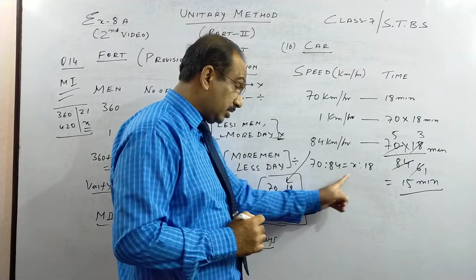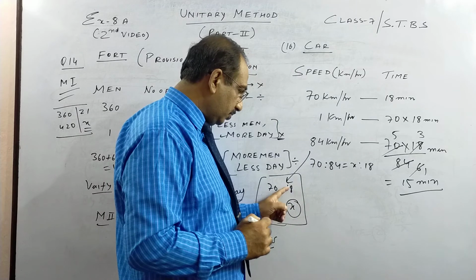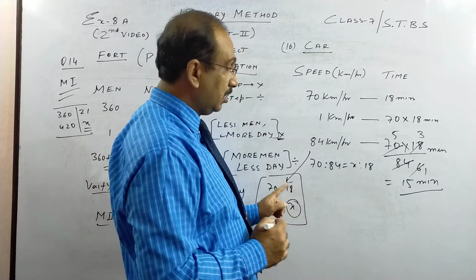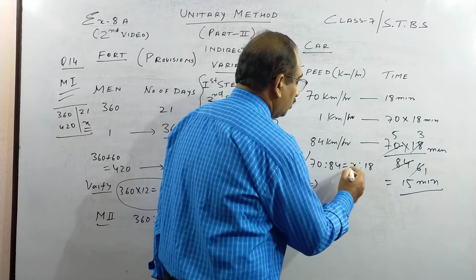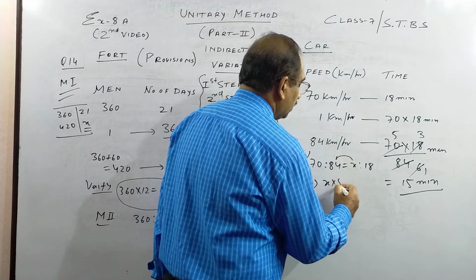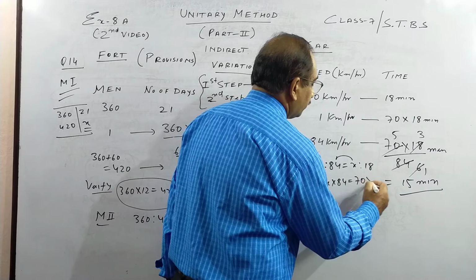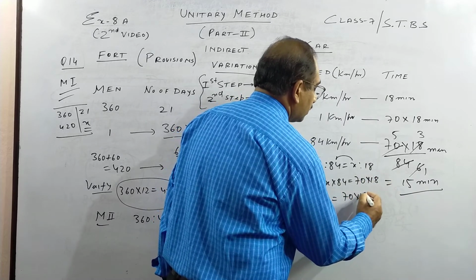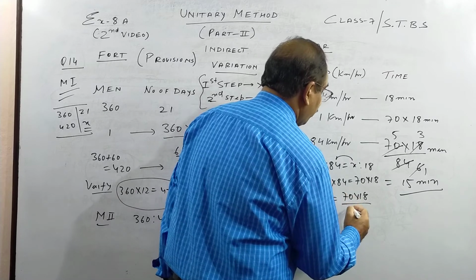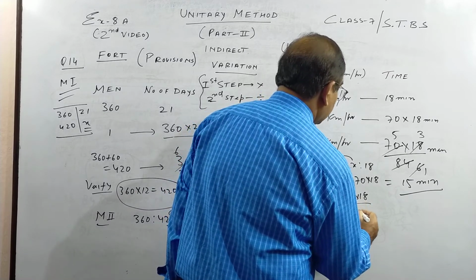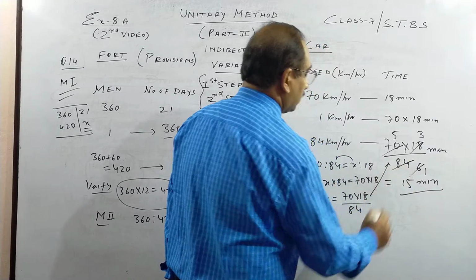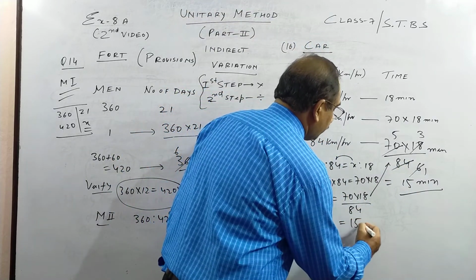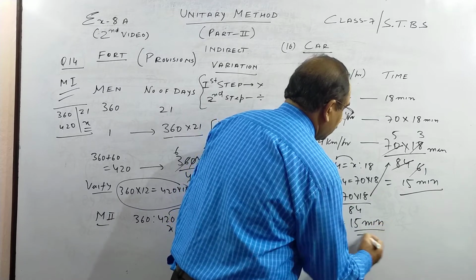Here we inverse. In direct variation, this is to this, this is to this, we used to do. But here we inverse one of the things. Now you know product of mean is equal to product of extreme. So ultimately, children, you will see we get the same last step: 70 into 18 by 84, and this will also give you 15 minutes.